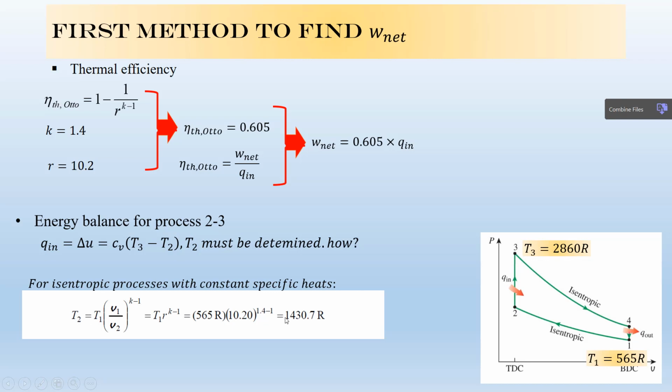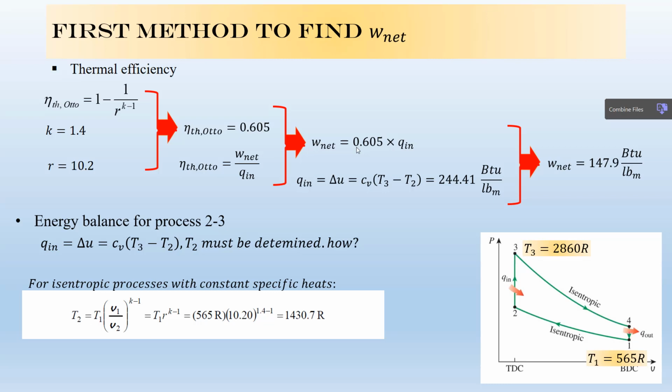Now you have T2, you can substitute into this equation to find the Q in. And then Q in is 244.41 BTU per pound mass. Now, if you substitute this value into this equation, you can find the Q net, sorry, the W net. So look, guys, in this problem, r was known, and we simply found the W net by using r.